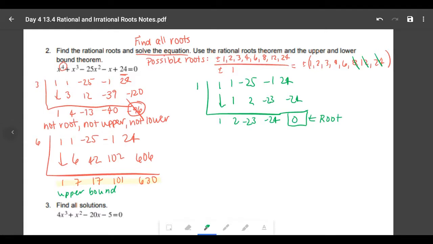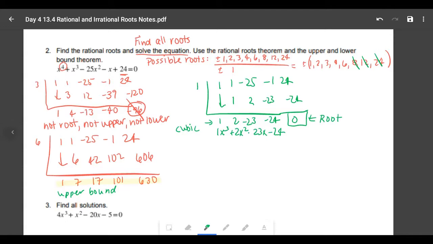I'm going to then do synthetic division again. I don't want to pick anything that's higher than 6, right? So I'm going to just try some negative numbers now. But this time I'm going to continue on this because right now we've got a cubic function, right? It's represented by these coefficients, 1x cubed plus 2x squared minus 23x minus 24.